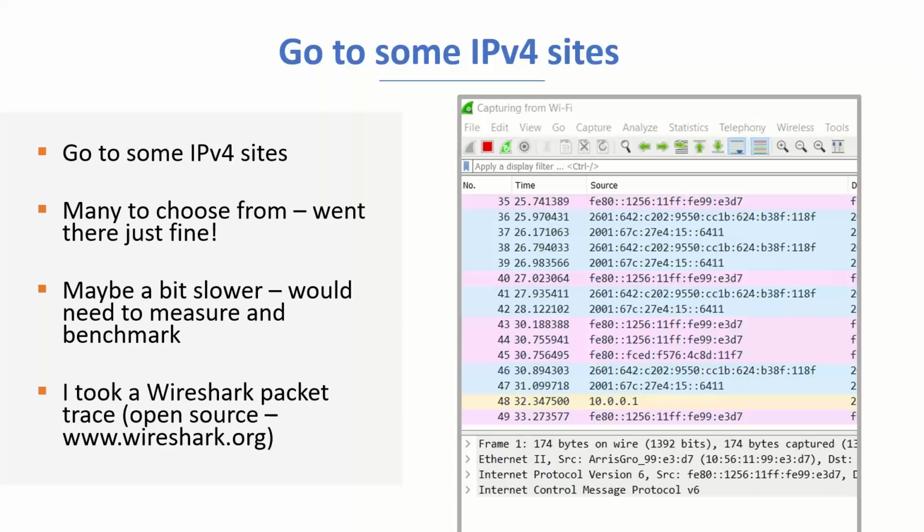Believe me, it doesn't take very long before you find them. Or the other way is, when I first did my V6-only client by turning off V4, just go to a bunch of sites. And if you can't get to them, then you know that they're not able to dual stack and they're V4 only.